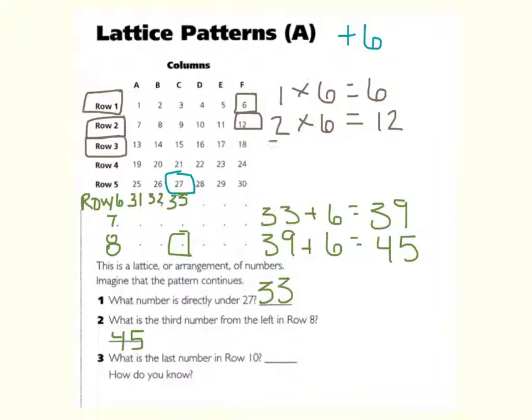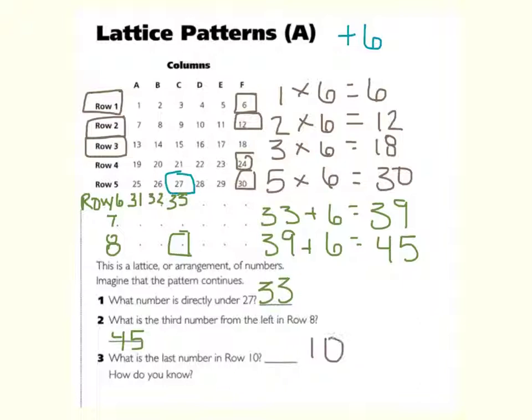Row 3 would end in 18, which it does. Row 4 would end in 24, which it does. And row 5 would end in 30, which it does. So knowing that, we could say that row 10 would end in the number 60.